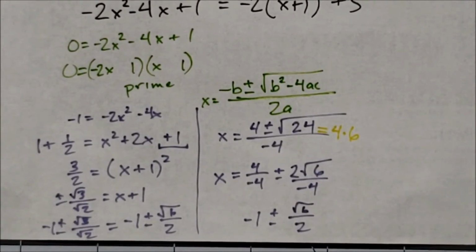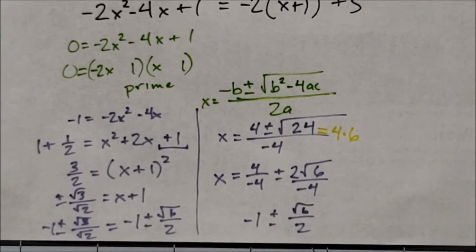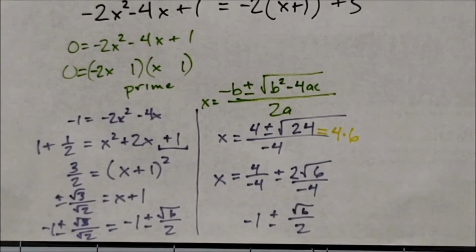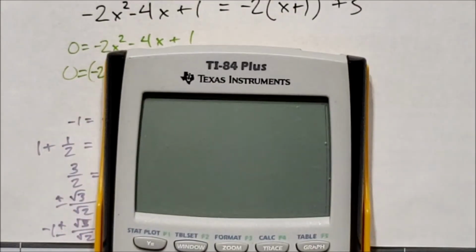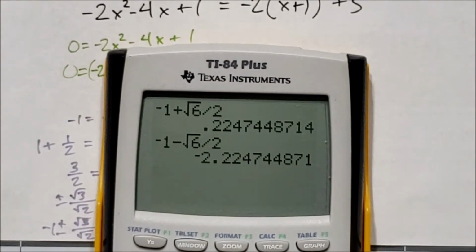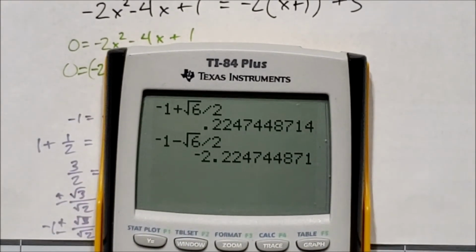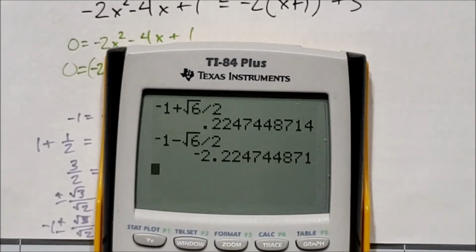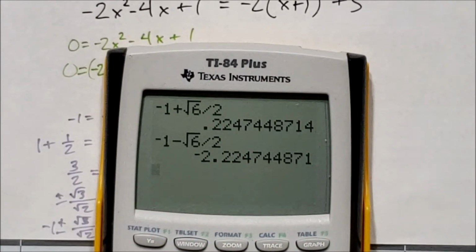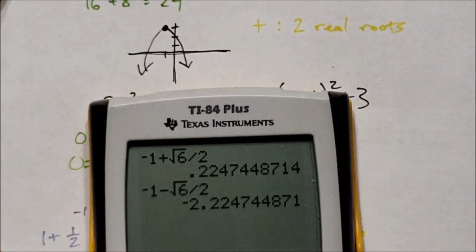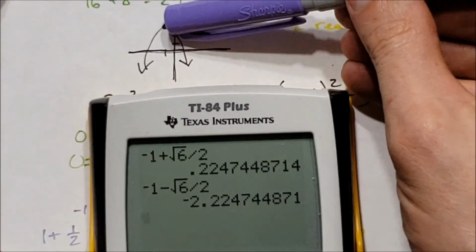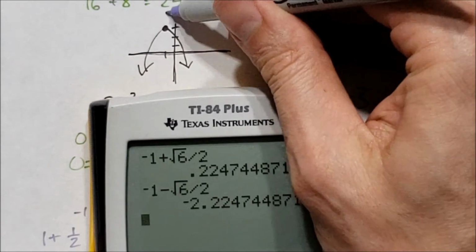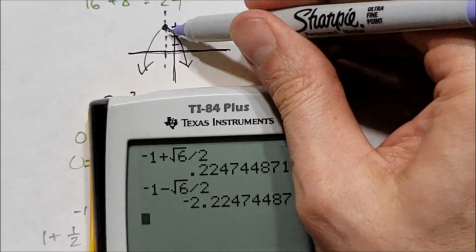So both of those are sufficient answers, but what are they really? How do I graph that? Well, if you pull out a calculator, you can see that an estimate would be 0.2 and negative 2.2, which is great because on our graph above, the vertex and the axis of symmetry, the x value is negative 1.